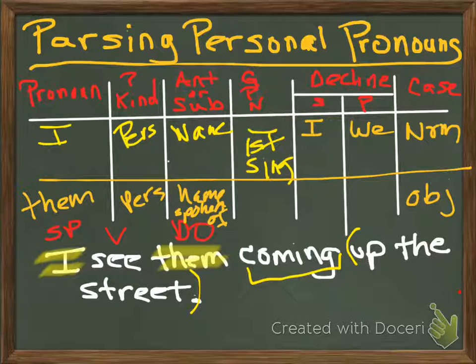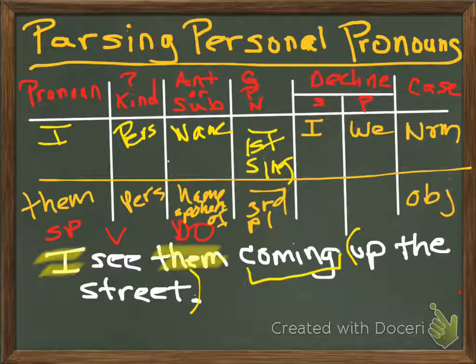Now let's go into the properties. Gender. Well, it could be multiple, so we don't know. Person, third, and number, more than one, plural. So if we decline this, we are declining the third person objective case.